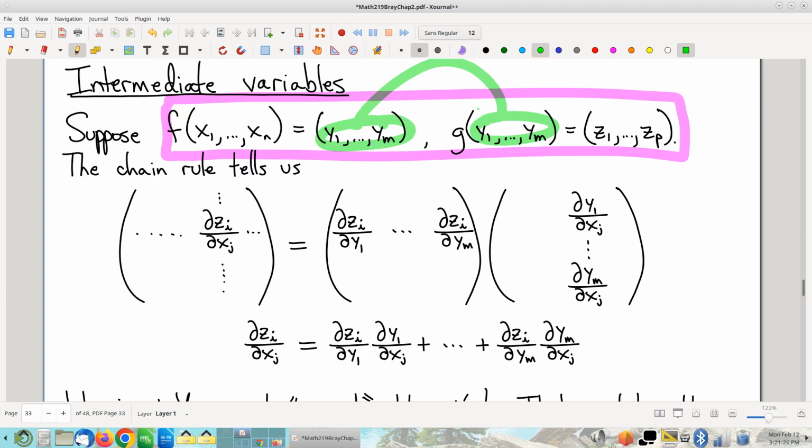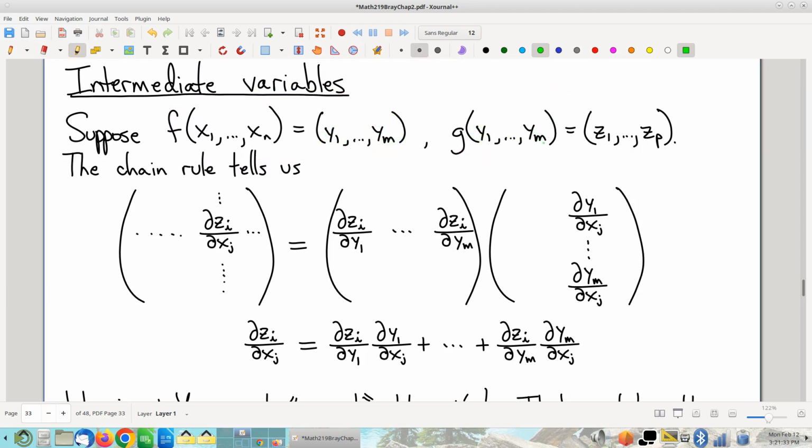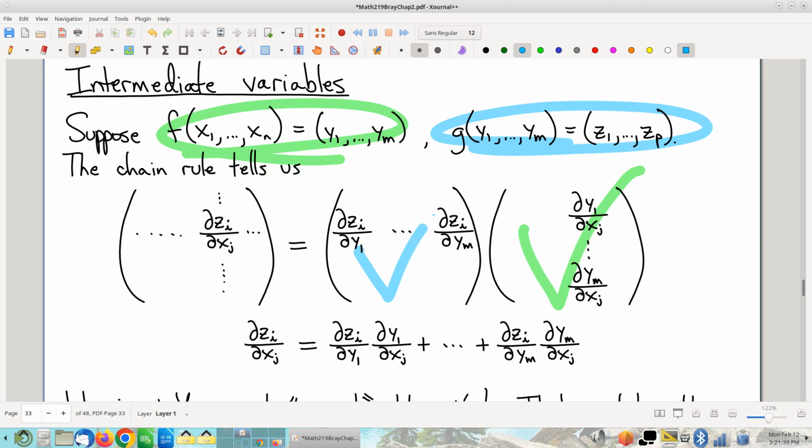If we talk about the composition, then we can write down exactly what the chain rule says. Notice that the derivative of f is here, the derivative of g is here. f is first, g is second. Remember what that means about which is on the left and which is on the right in which notation, and you just got to keep that straight.